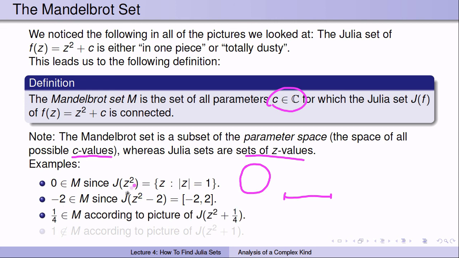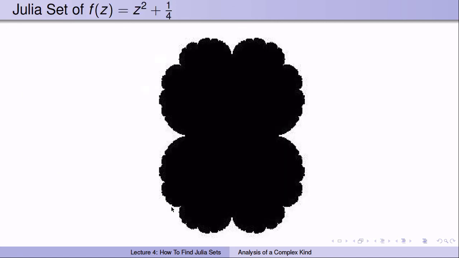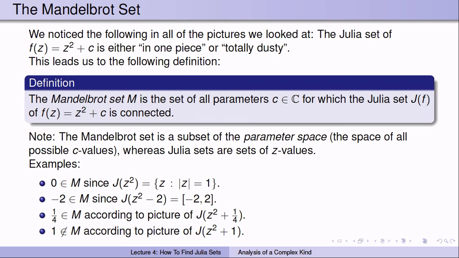1/4 seems to belong to the Mandelbrot set as well, according to the picture that we saw. Here's the picture again of the Julia set of z squared plus 1/4. It's also called the Cauliflower set. It looks like it's in one piece, the boundary is in one piece, and therefore 1/4 belongs to the Mandelbrot set. 1, on the other hand, does not belong to the Mandelbrot set according to the picture that we found.